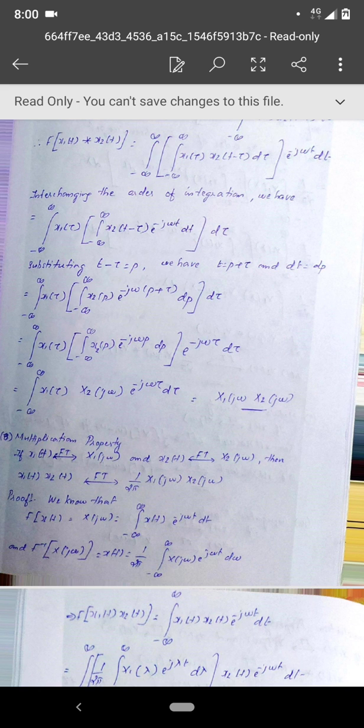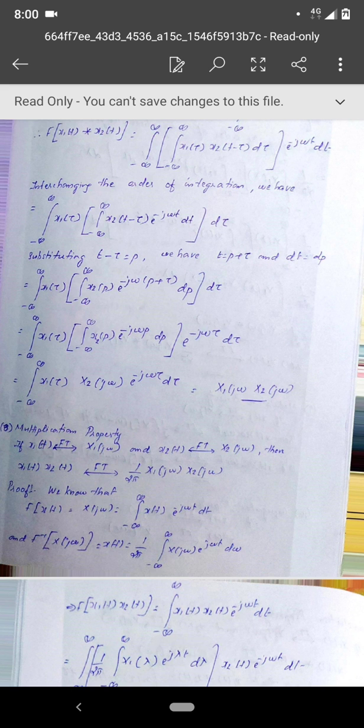The e raised to minus j omega tau you bring outside the bracket, because that is a constant with respect to that integration, which is with respect to p. What you see inside the bracket is nothing but x2 of j omega, because p is simply a dummy variable. Anytime you can replace that p with t. So that is x2 of j omega.